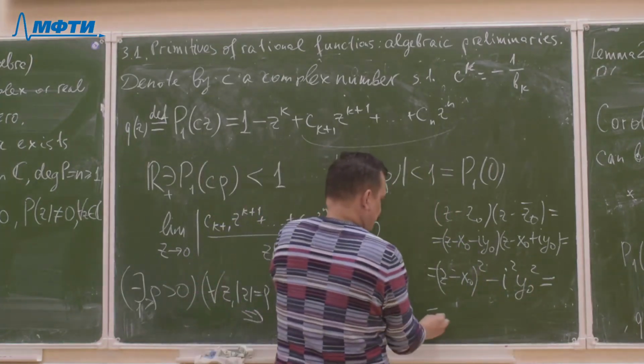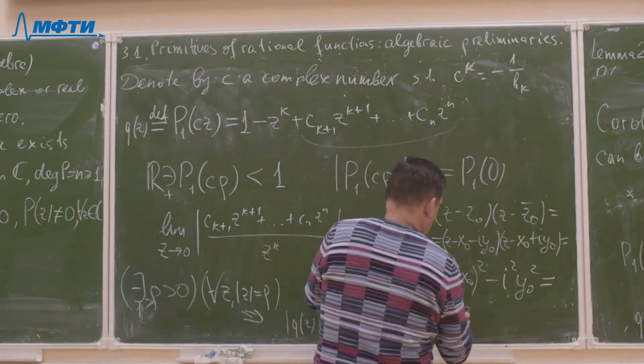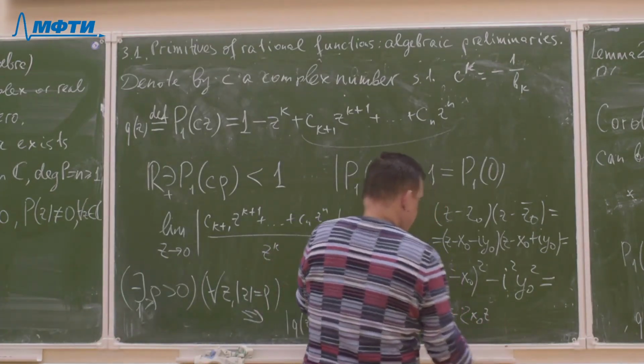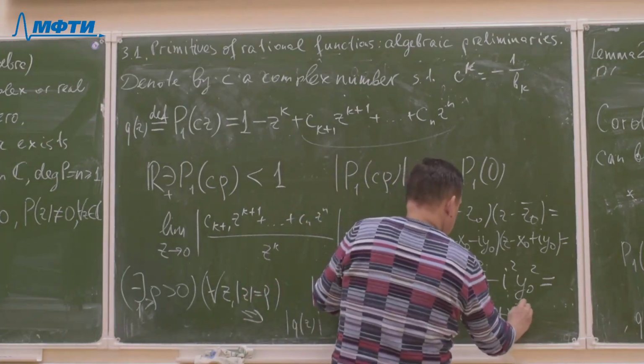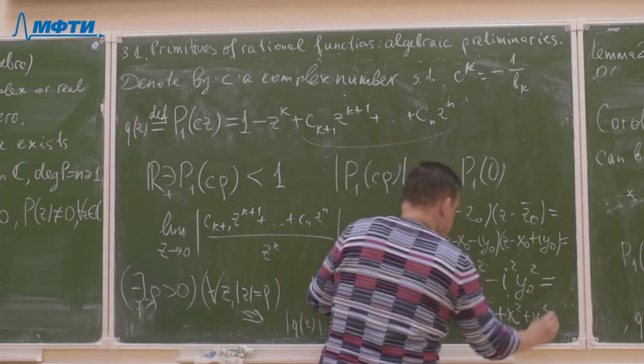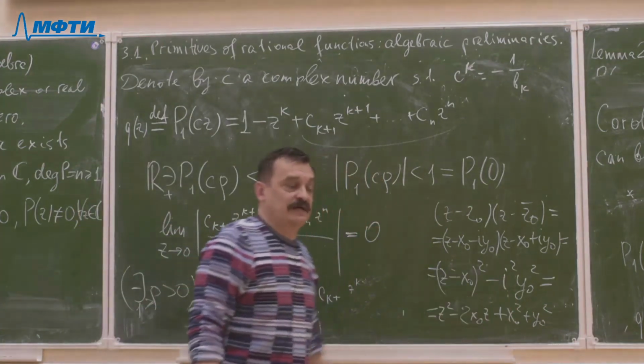That is z squared minus 2 x naught z plus x naught squared plus y naught squared, right? Because i squared is minus 1.